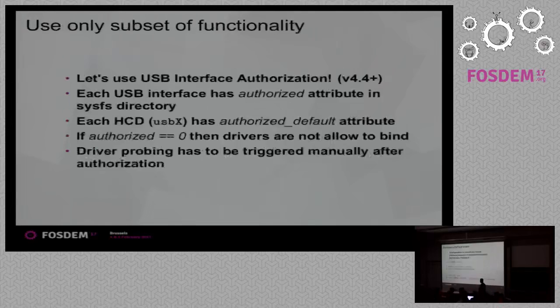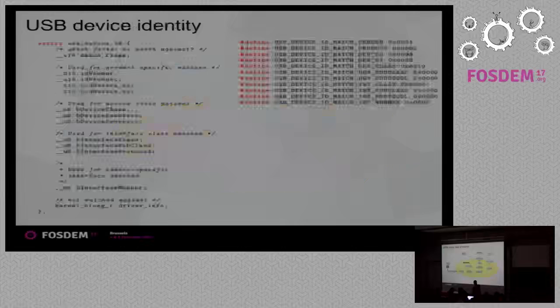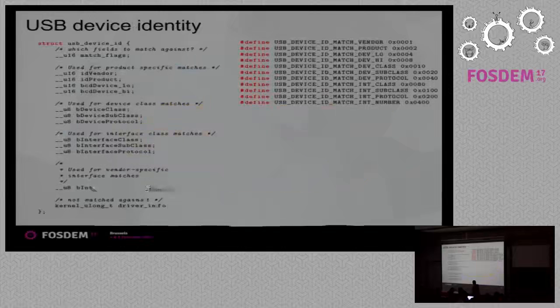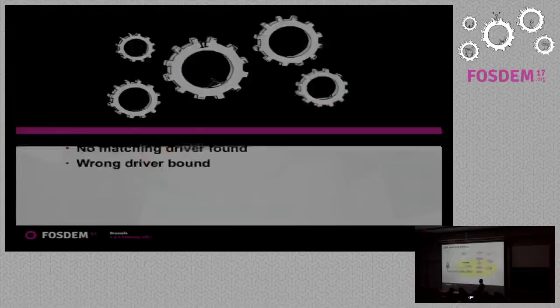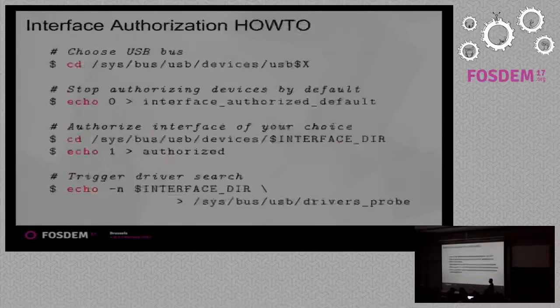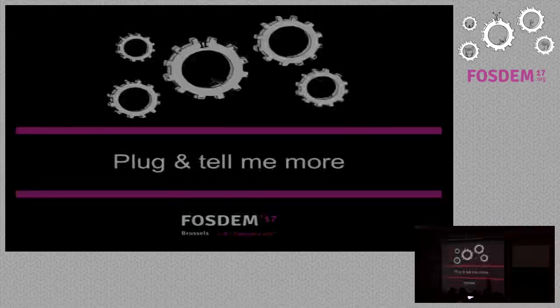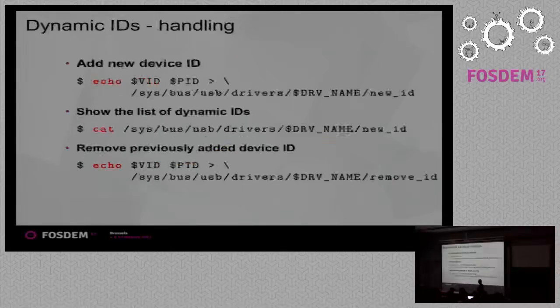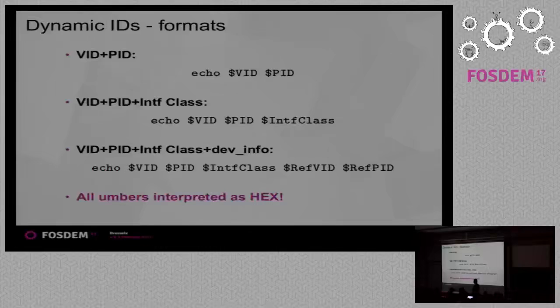How does it work? You remember on the very bottom, you have the driver information, the information about the quirks, about the special behavior of this driver for this particular device. When you are using the last format, you can tell your kernel, okay, I would like to add a new entry to the dynamic IDs and take the driver information from another entry in the device ID table in that driver.